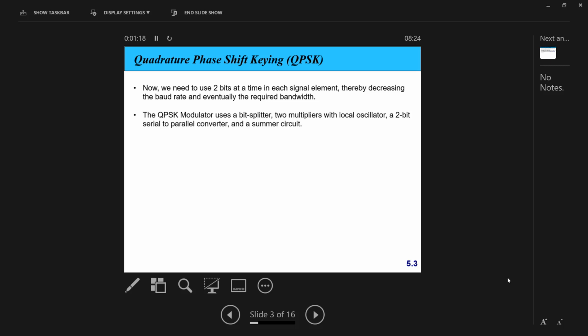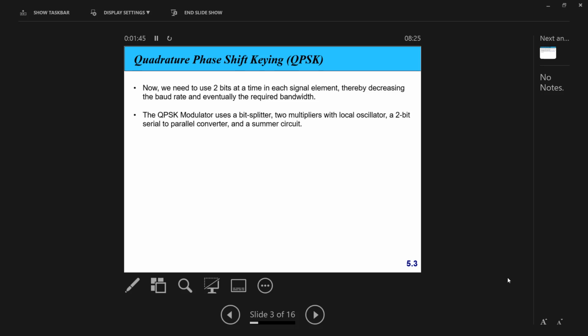So how can I represent these four levels with the phase? I need four phases now. Here, in phase or out of phase, because I have 0 or 1, so I have two values for the phase. Now I have four different combinations, so L is equal to 4. So I should have four phases.